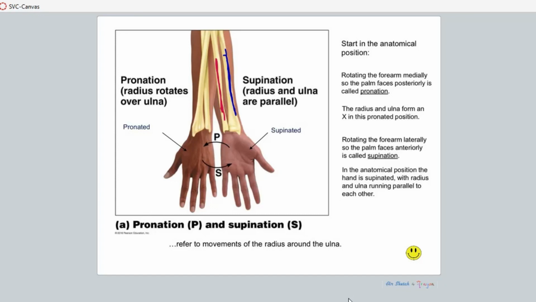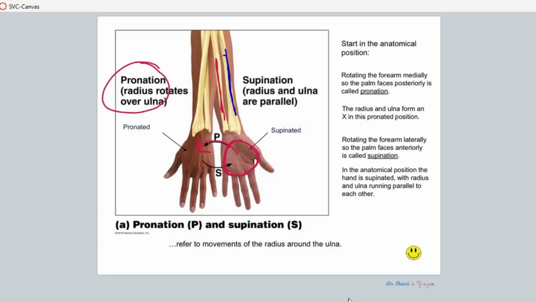And if you rotate your forearm, your palm goes along with it. The palm is facing forward here, and if you rotate it so the palm faces posteriorly, then that motion is called pronation.